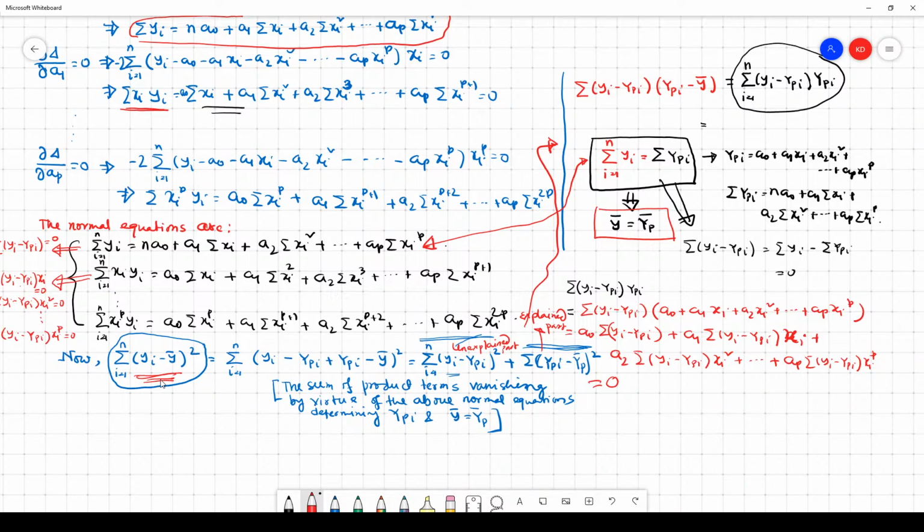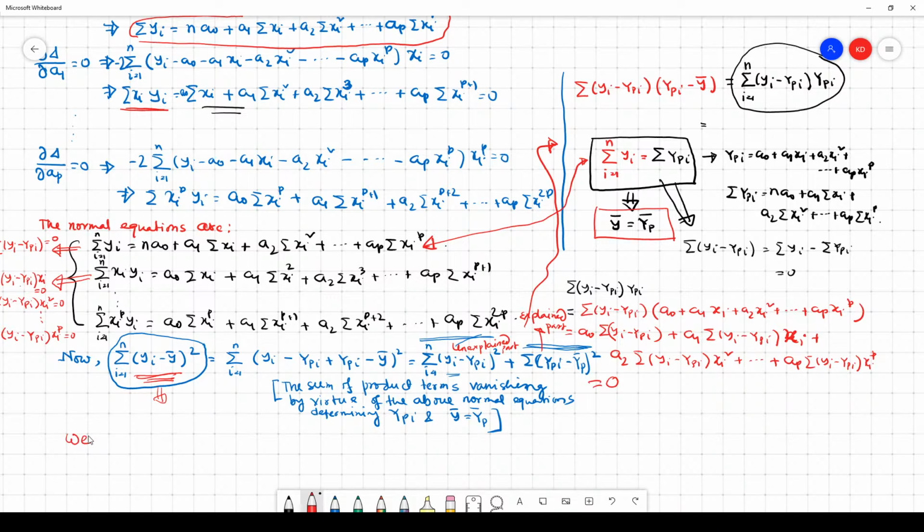This is nothing but a sum over i from 1 to n, yi minus y bar whole square, and this can be divided into two parts: the variation due to the unexplained part, which is called sum of squares due to error, and the explained part, which is called sum of squares due to polynomial regression. So now we can check that.